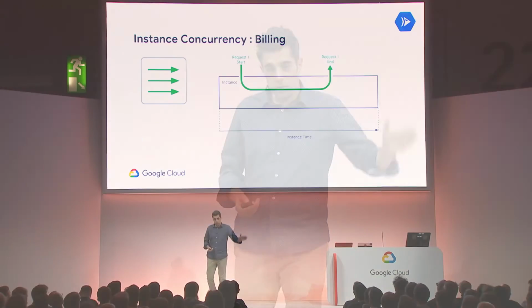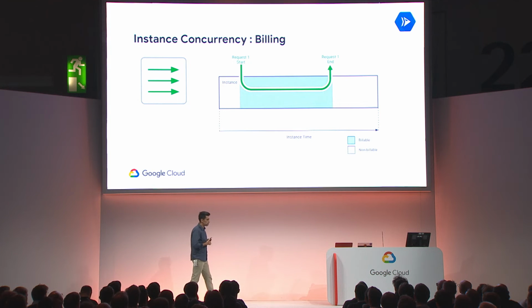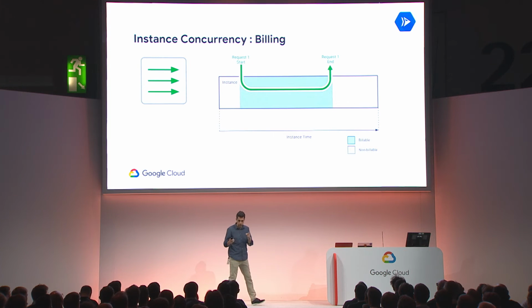So this is an instance, as I mentioned. The instance has an instance time. Now, the instance time is how long we keep it up for. Nothing to do with you. You might have 0 QPS, no requests going onto it, but the instance will still be there because we haven't killed it because another request might come in, so we keep it warm. But then there's the request time. The request starts and it stops at some interval. And in a service like Cloud Functions, you would pay while that request is in flight.